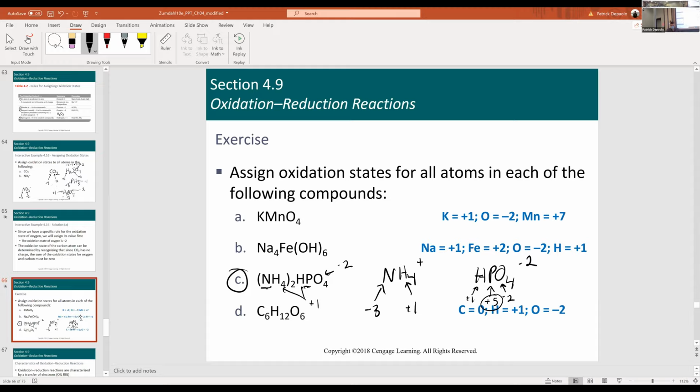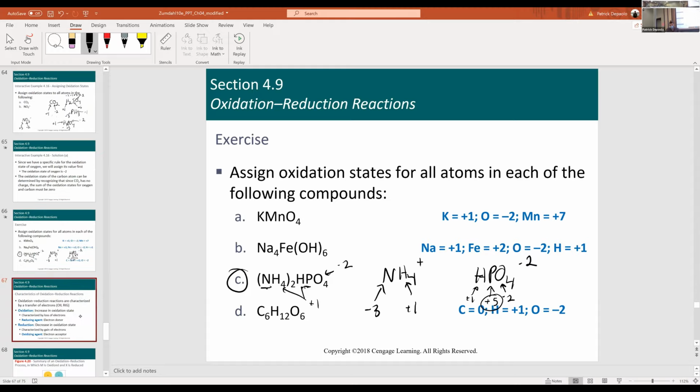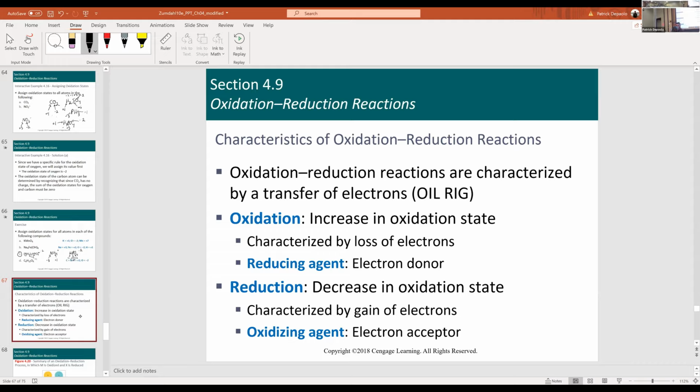No? All right. So now let's look at definitions of what exactly oxidation is and reduction is. It goes by this acronym of OIL RIG. Very important acronym. So OIL RIG represents oxidation.